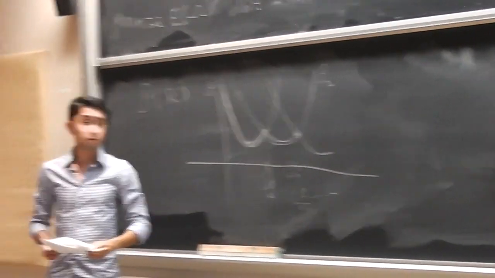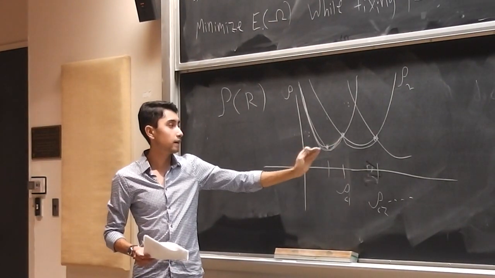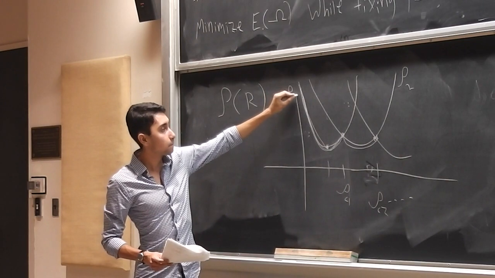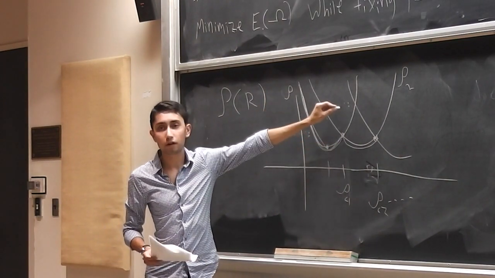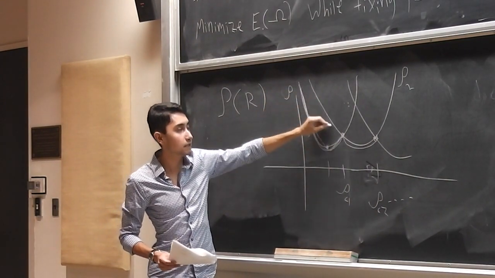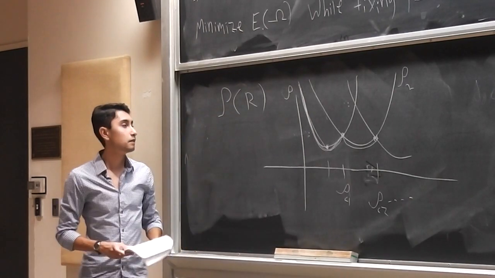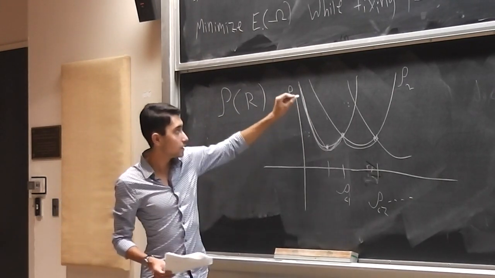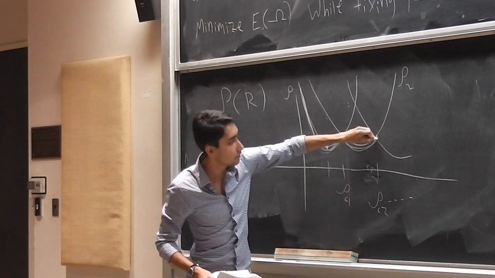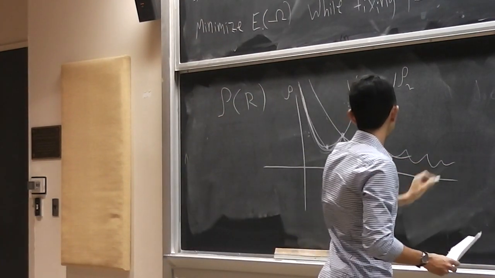Rho C1 is just the point where the energy density of one ball of mass m equals the energy density of two balls of mass m over 2. So we can minimize this over all n and we get this spiky function.